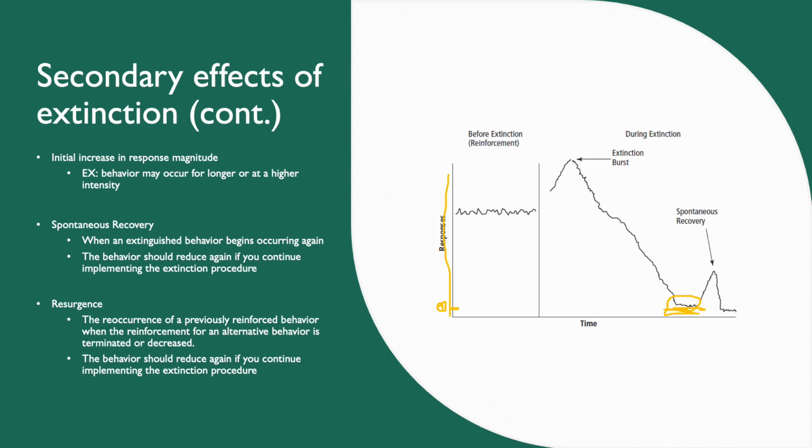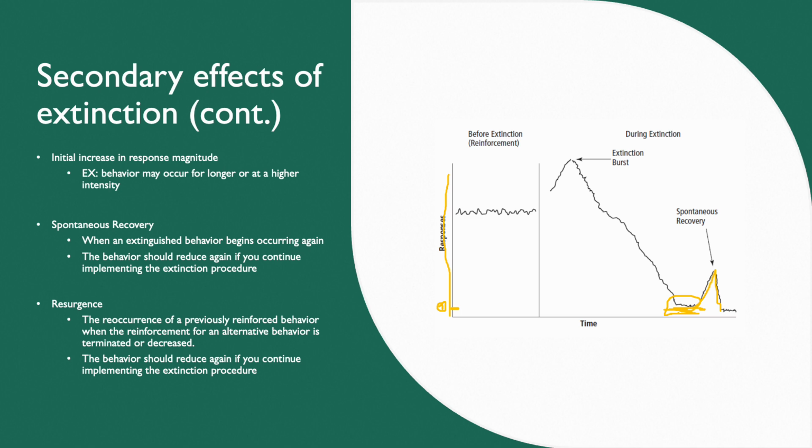Well, we have this phenomenon called spontaneous recovery, which is when a behavior that has already been extinguished begins to occur again. So here is an example of spontaneous recovery. It's important that when the behavior recovers in this way, it's usually very temporary or short-lived, as long as you continue to implement the extinction procedure.